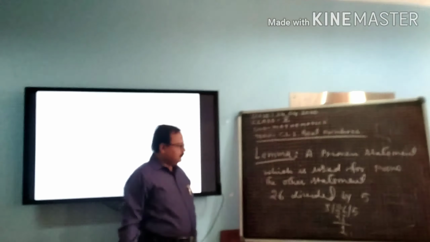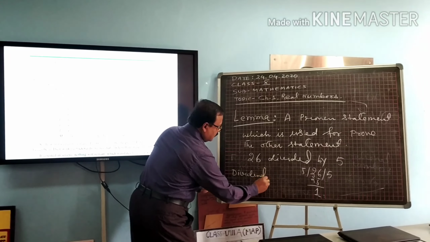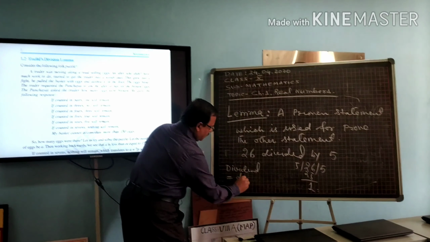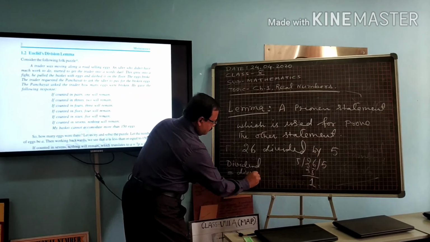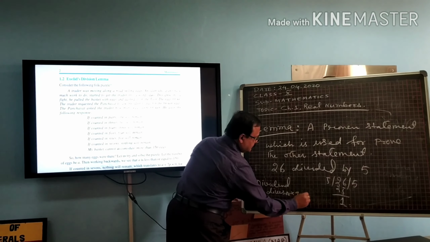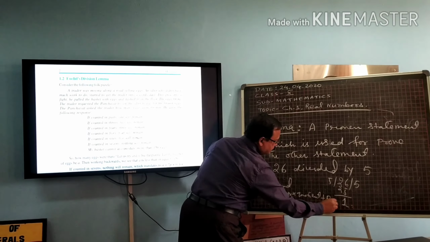Then we know that dividend equals divisor into quotient plus remainder.